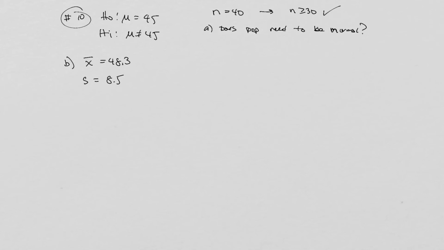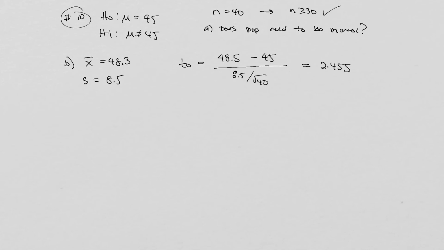First thing I want to do is compute the test statistic, t naught. It's the average from the sample minus the claim over s, the standard deviation, over the square root of the sample size. When we calculate this number, I get 2.455. So that is my test statistic.